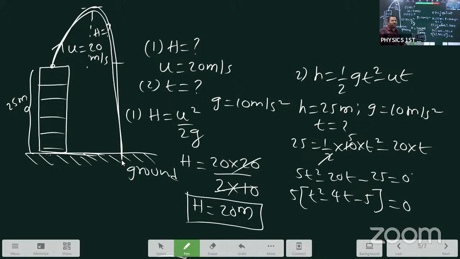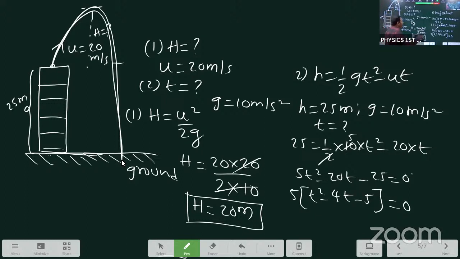One is small t equals question mark. Second one, the maximum height from the building, point of projection: H equals u square by 2g. U value they gave is 20. 20 into 20 by 2g, 20 cancels. Total from the building, it rises up to 20 meter.